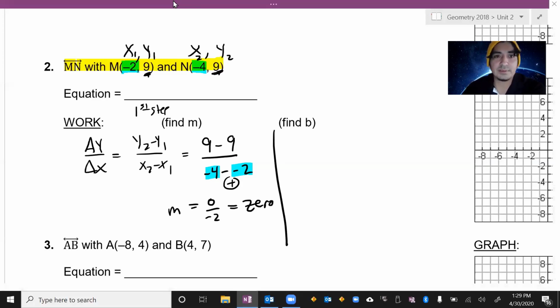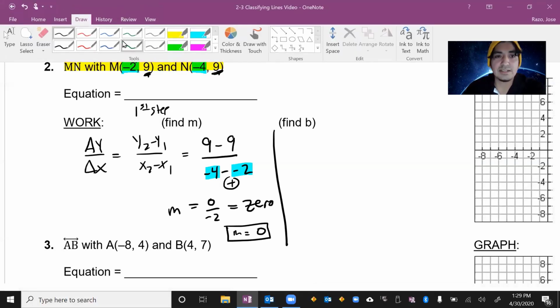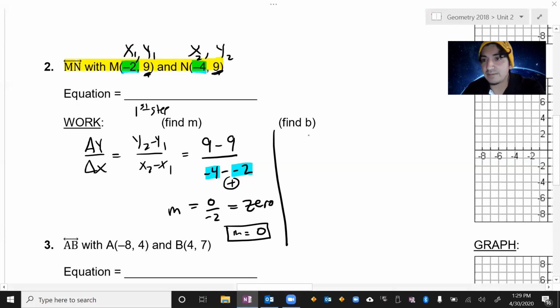Now here's the next thing. So find b. So that means you need to use slope-intercept form, y equals mx plus b. We know that this is 0 based on what we saw over here. My x and y are a point, so I can pick whatever point I want.